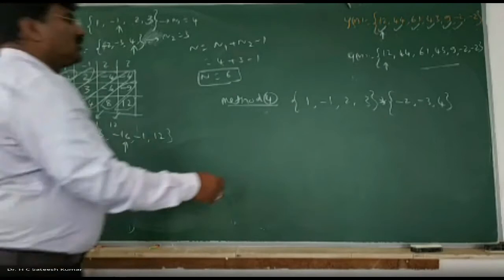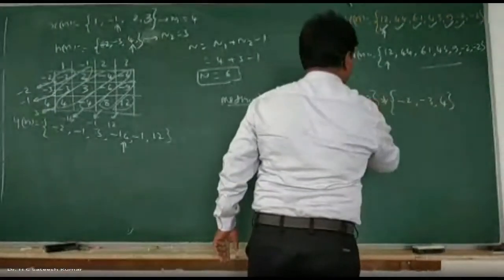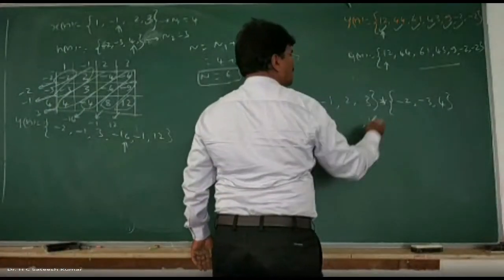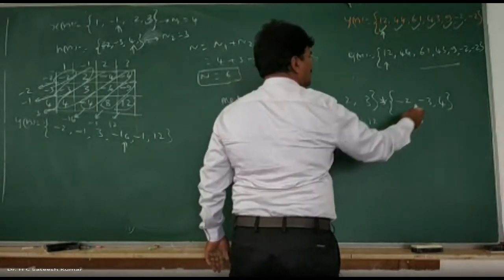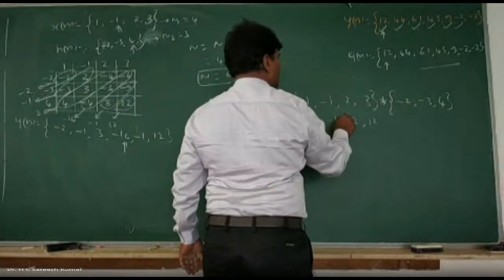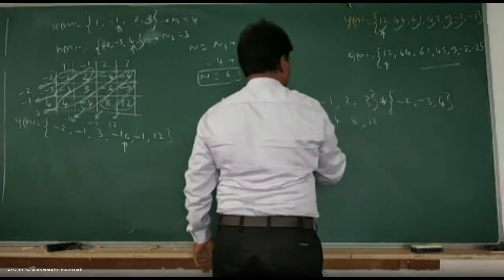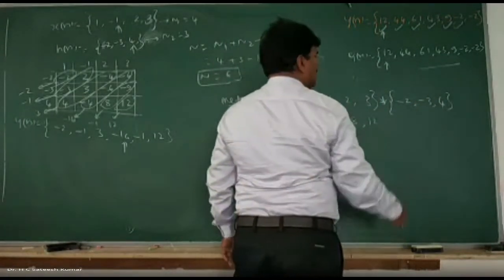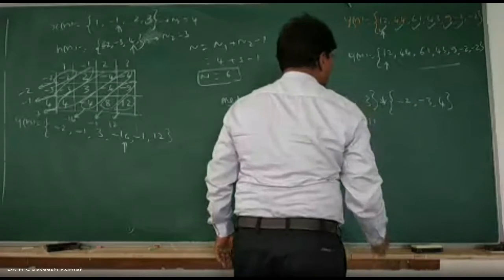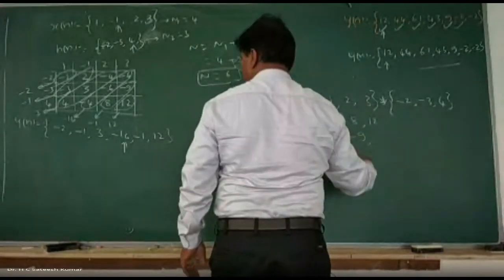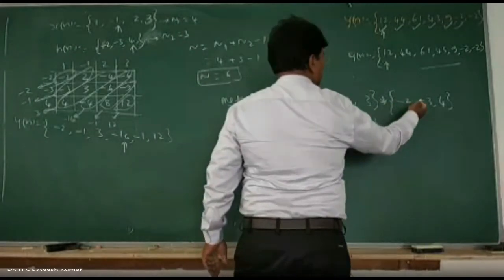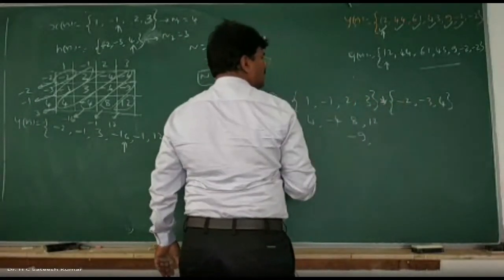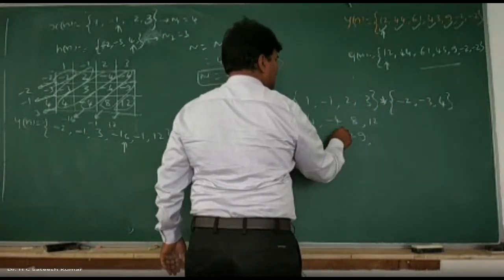So what do we have? 4 into 3, 12. 4 into 2, 8. 4 into minus 1, minus 4. And 4 into 1, 4 you will get. Next minus 3. Minus 3 into 3, minus 9. Minus 3 into 2 is minus 6.